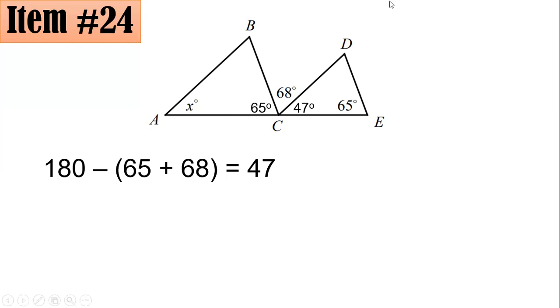However, since these two lines or segments are parallel, it follows that x here and 47 are also corresponding angles. And remember, corresponding angles that are formed by a transversal passing through two parallel lines at two different points are actually congruent.